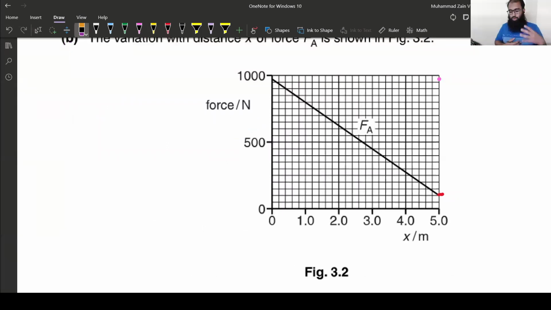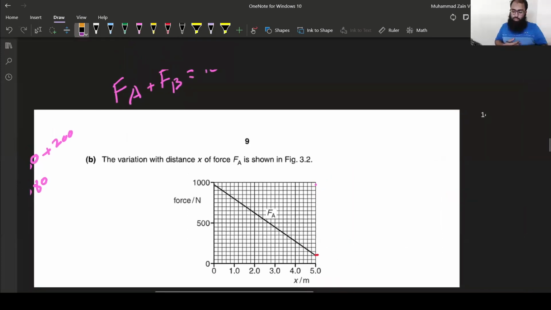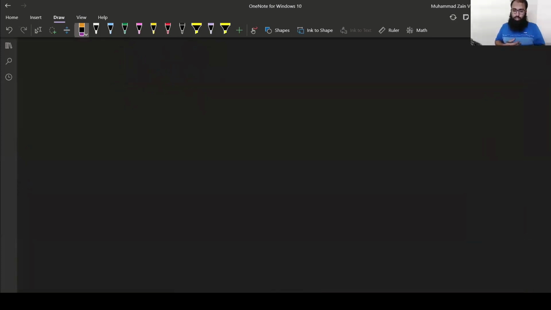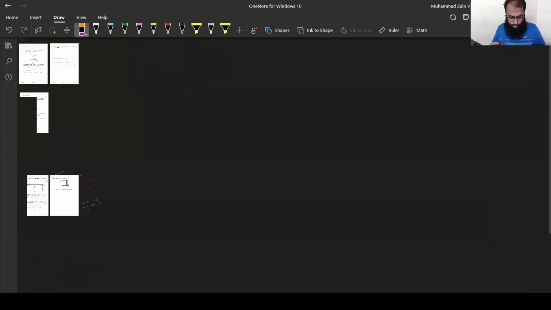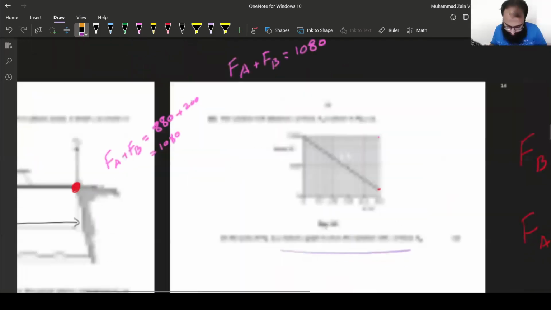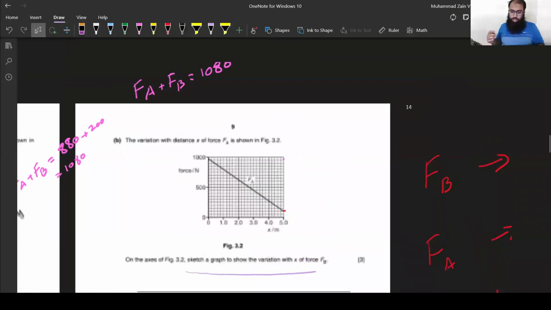The sum of both these forces is supposed to be 1080 at all points. So if FA is 980, FB is obviously supposed to be equal to 100. That's the only way the sum of both would be equal to 1080.